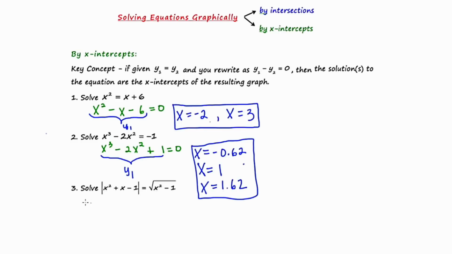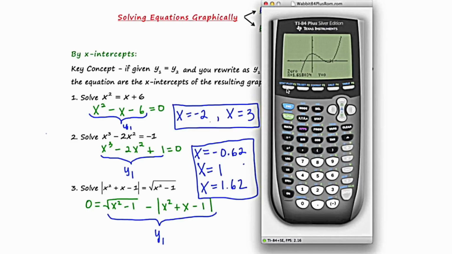So I'm going to say 0 equals the square root of x squared minus 1 minus the absolute value of x squared plus x minus 1. Okay, this big expression on the right now is going to be my y sub 1. So I'm going to queue up the calculator, go to the y equals screen, clear out my existing entry, and then enter this monstrosity.